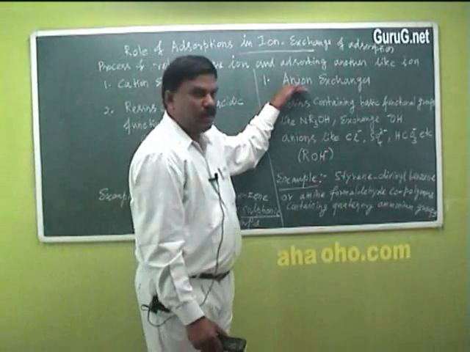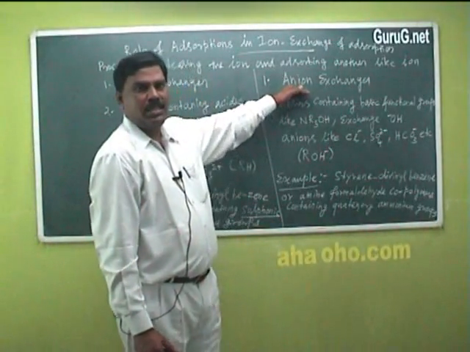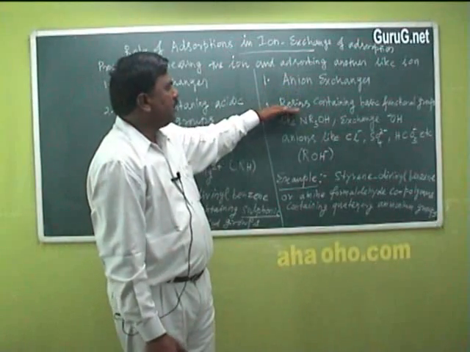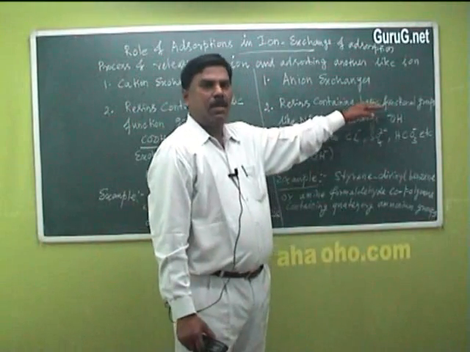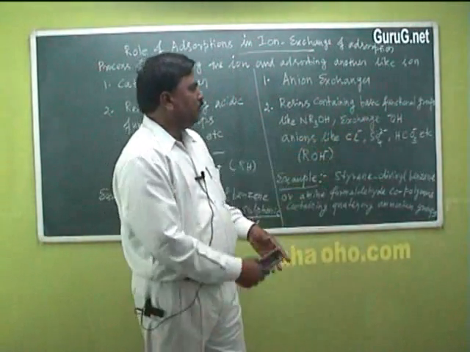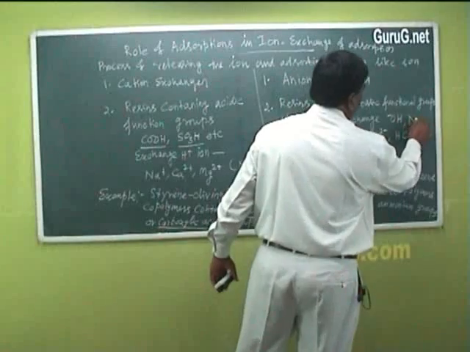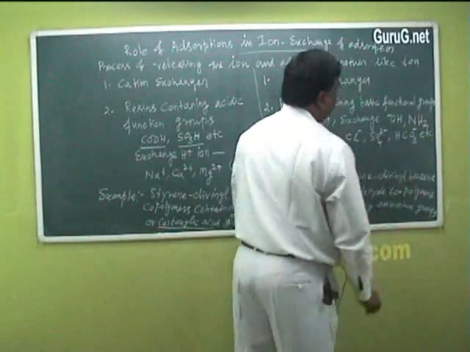Next, an anion exchanger exchanges anions, that is negative ions. These are resins containing basic functional groups, for example amino groups, NH2, and OH minus ions.